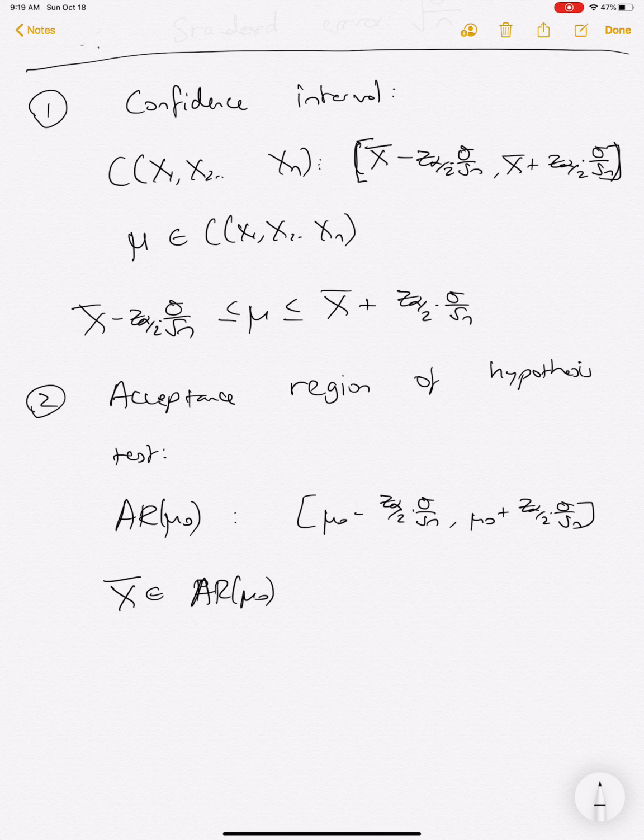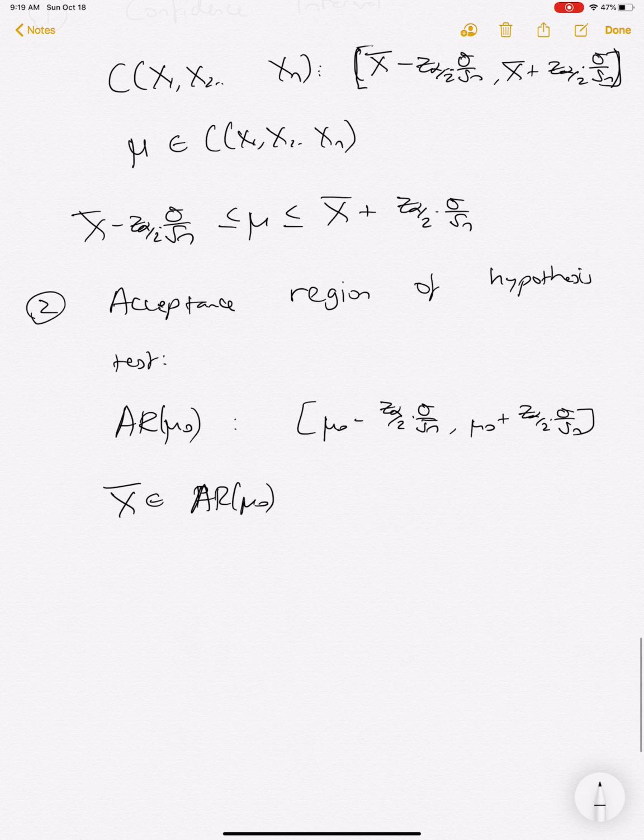Written out, this is equivalent to saying X bar is between mu0 minus z alpha over 2 times sigma over square root of n, and less than or equal to mu0 plus z alpha over 2 times sigma over square root of n.